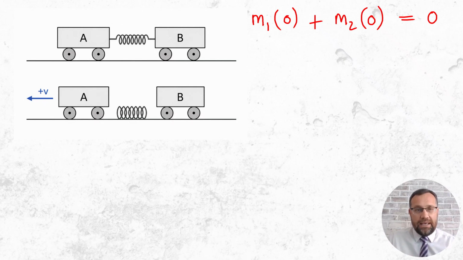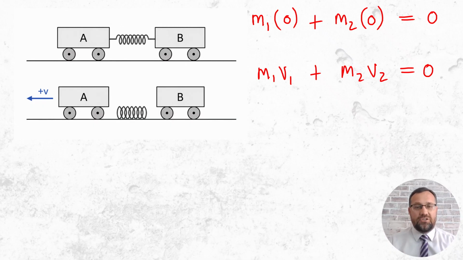So we have that m1 v1 plus m2 v2 is equal to 0. Now we're going to look at the scenario where the spring has dropped. So we will substitute our new velocity into our equation.